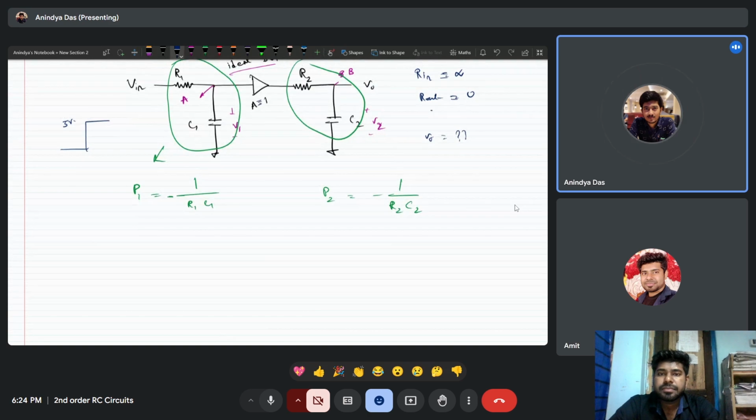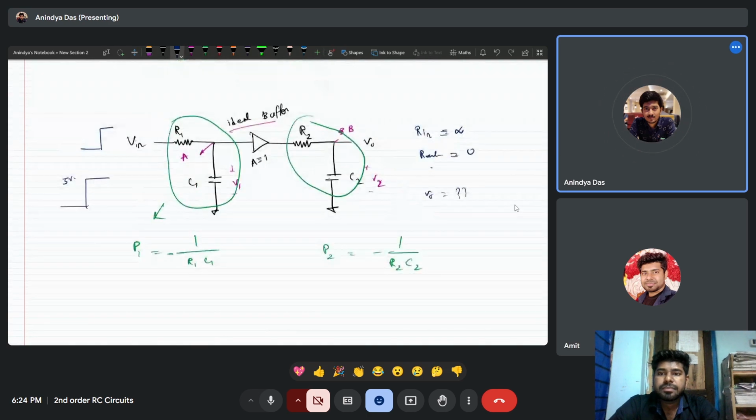So if I apply a step here, the voltage across this capacitor C1, that means at VA, this R1 C1 section is acting as an integrator, and the voltage will exponentially rise. And what about VB? Here also the output is almost exponential, but with a certain amount of delay from the buffer.